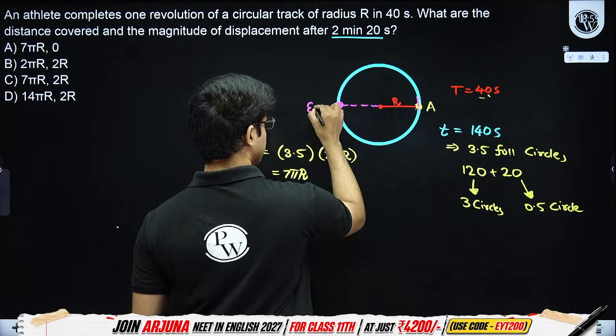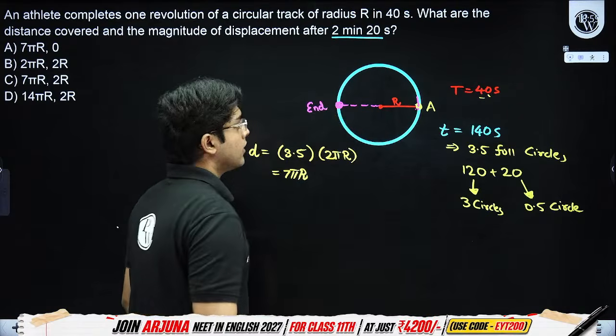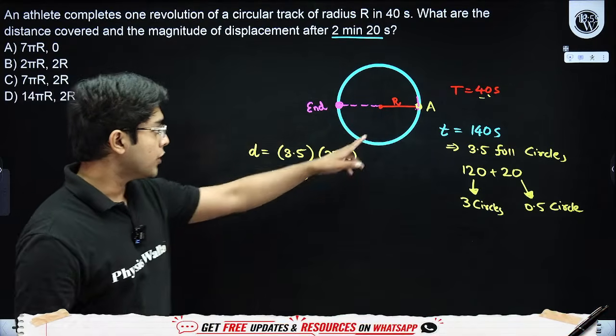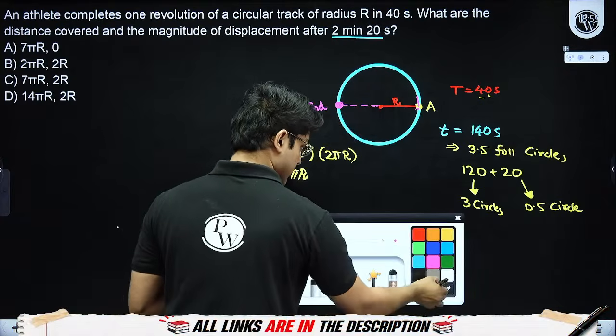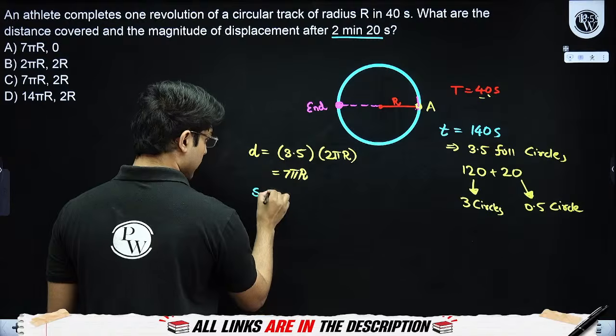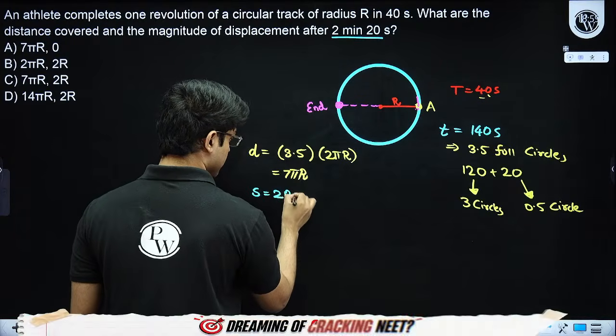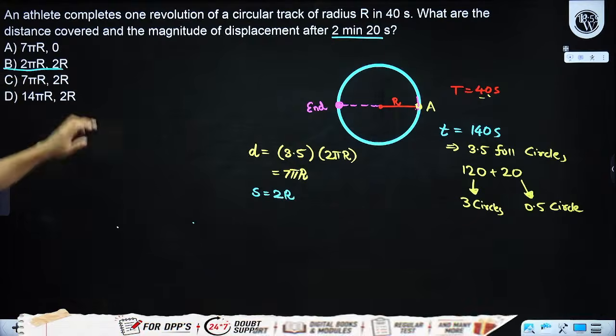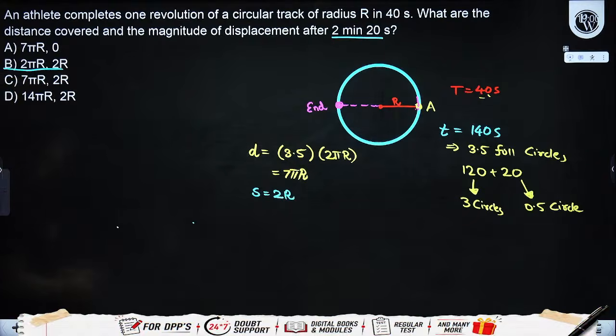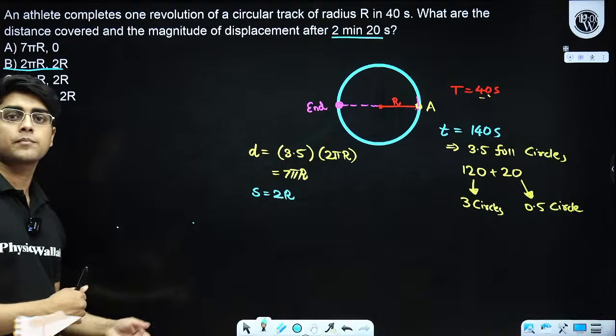This is where he is at the end. So displacement is going to be simply r plus r, 2r. This is the semicircle case, right? So displacement will be 2r. 7 pi r and 2r, yes, option B is the correct answer. Okay, option B is correct.